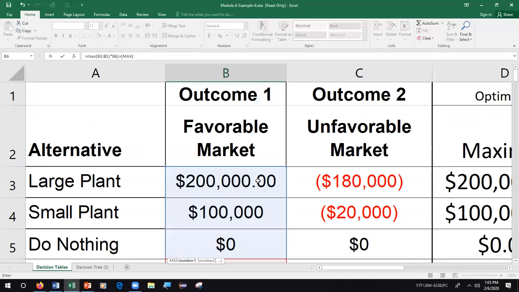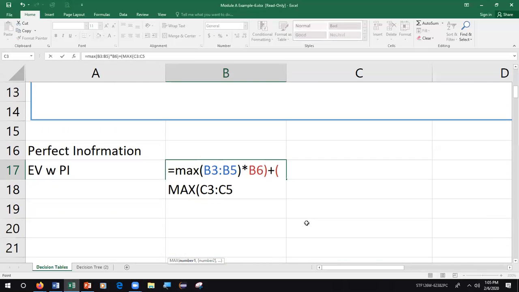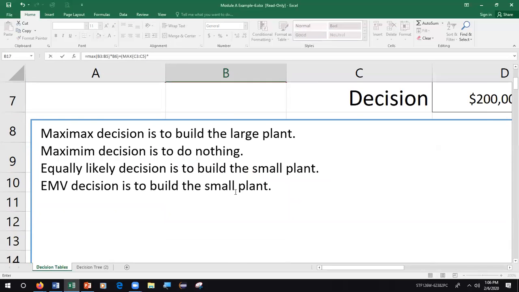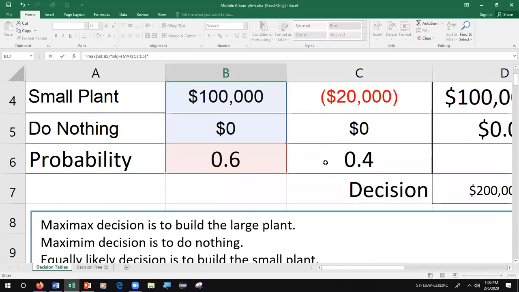Again, we're going to pick those three times that probability of 0.4.